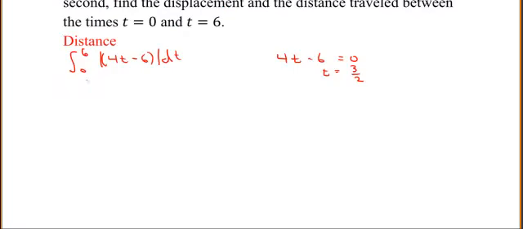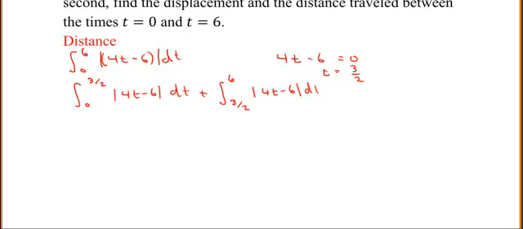So we'll have to think about this as the integral from 0 to 3/2 of the absolute value of 4t minus 6 with respect to time, plus the integral from 3/2 to 6 of the absolute value of 4t minus 6 dt.